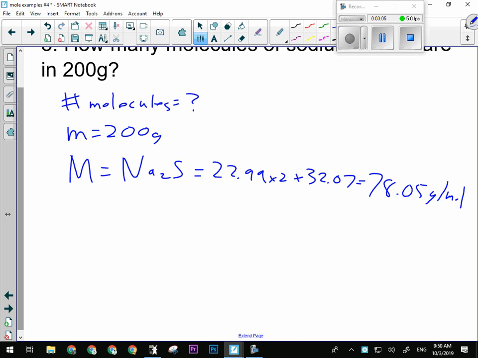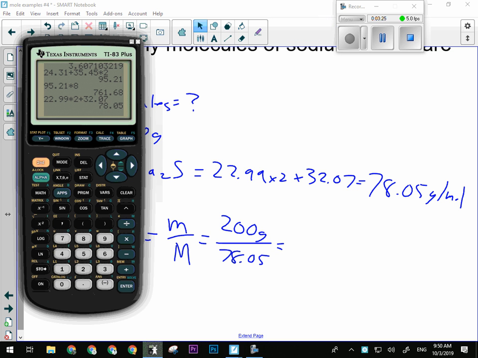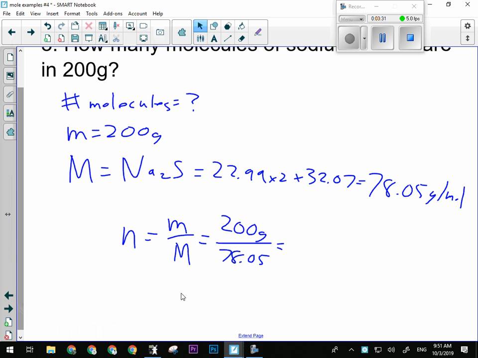Now, if I'm going to find the number of molecules, I need the number of moles, because I'm going to multiply the number of moles by Avogadro's number to get the number of molecules. So n equals little m over big M, that'll be 200 grams divided by 78.05. So we're looking at 2.56 moles. Again, we're going to keep all of our decimals; I'm just rounding off here because I don't want to write them all.